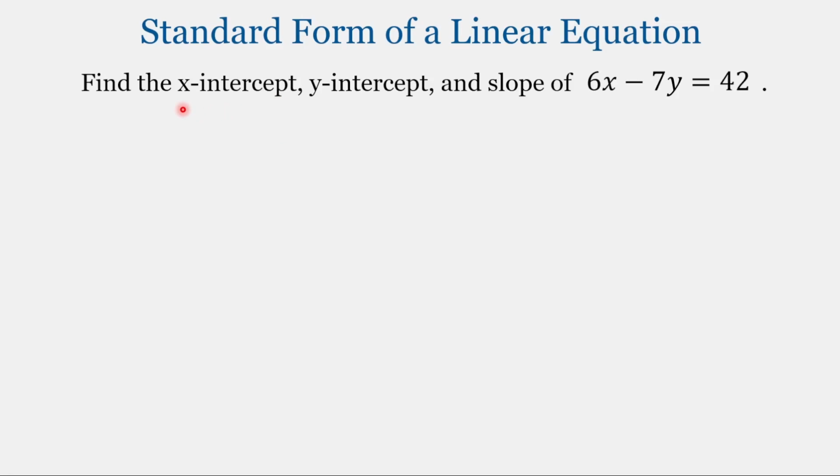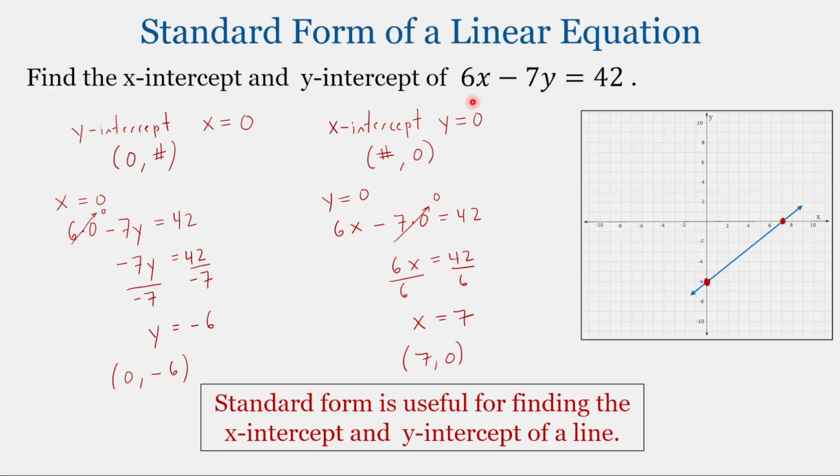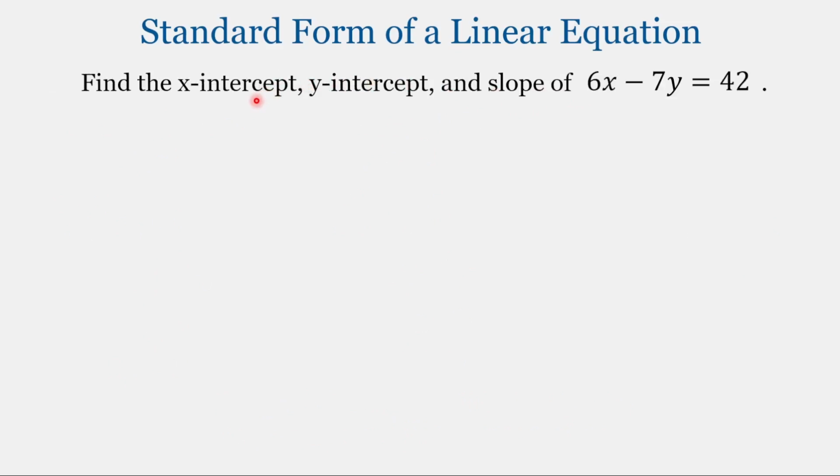In this problem, we're going to find the x-intercept, the y-intercept, and the slope of the equation 6x minus 7y equal to 42. Does this look familiar? So this is the same equation we were using in the previous example. So we've already found the x-intercept and the y-intercept for this equation.